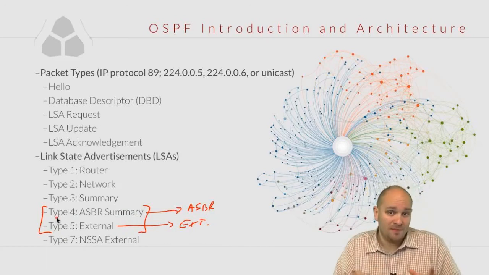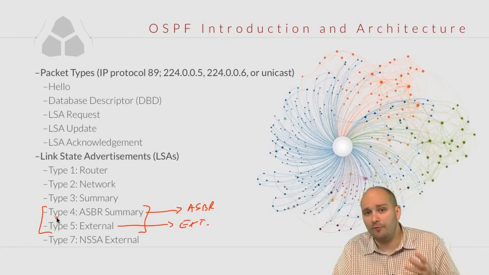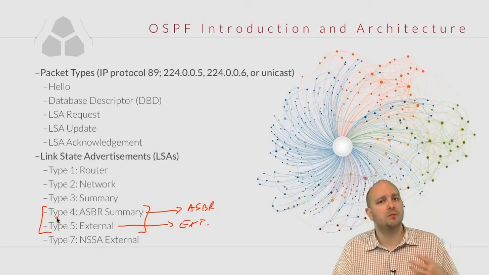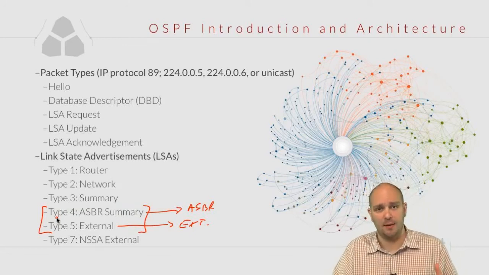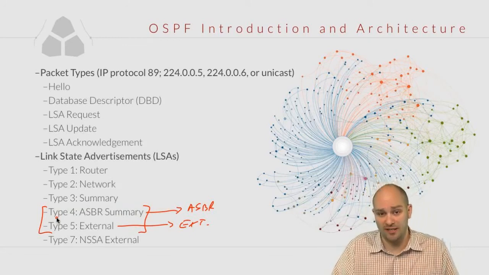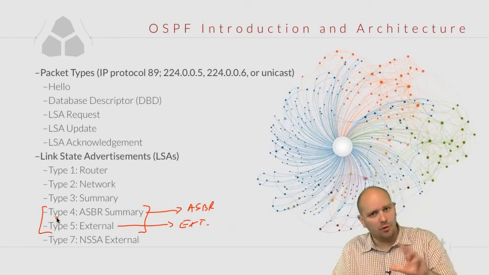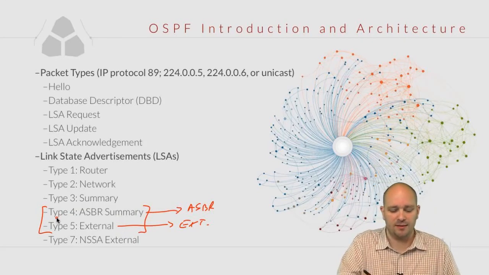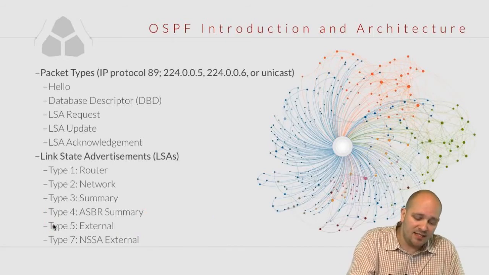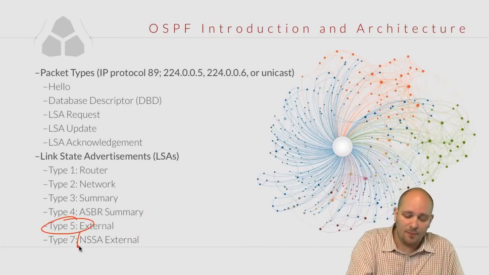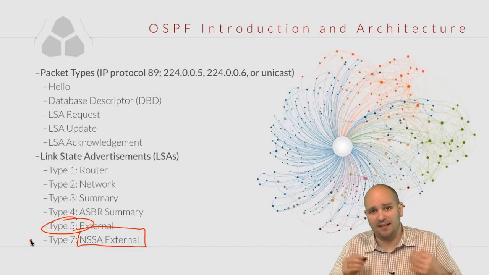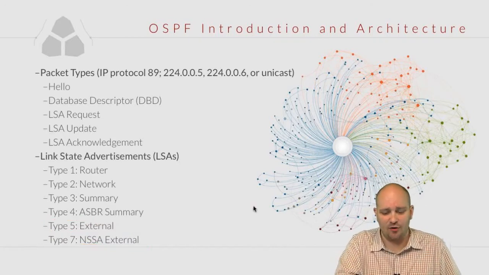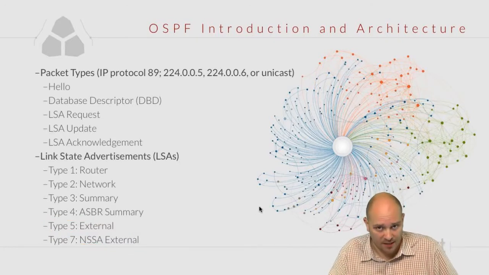I have to tell you that Type 4 LSA is probably the most confusing LSA type for students who are not very experienced with OSPF. But don't be stressed, I will explain it in great detail. And Type 7 is very similar to Type 5, but in a special area type called the NSSA area, or the not so stubby area.